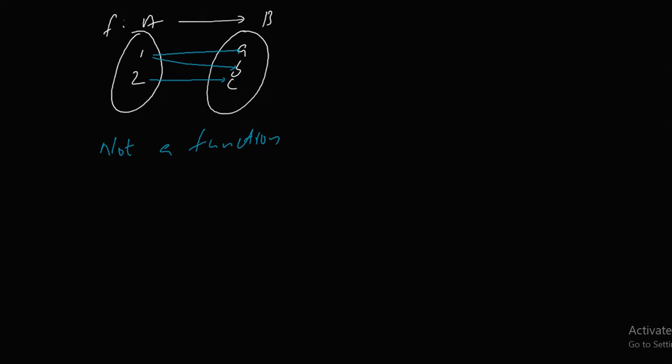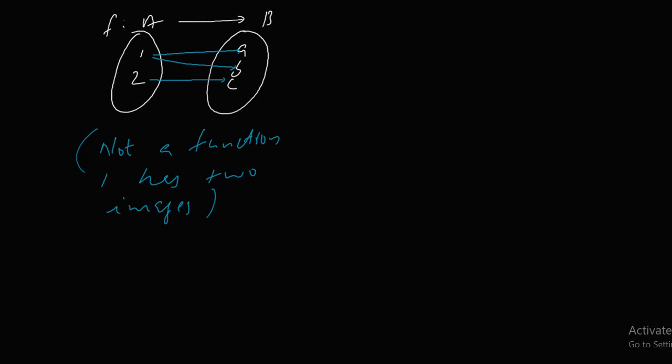The reason is that 1 has two images. That means the image is not unique, so one of the conditions is violated, and this will not be a function.